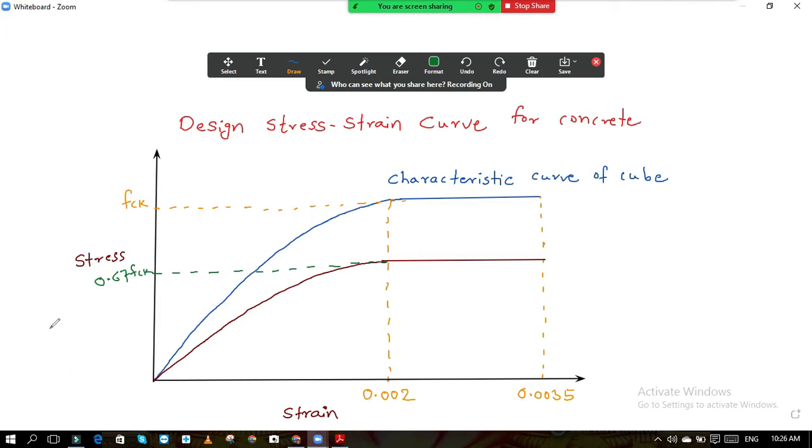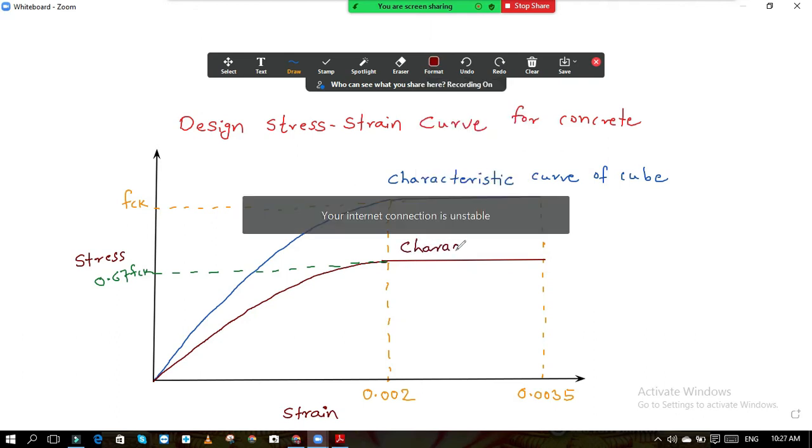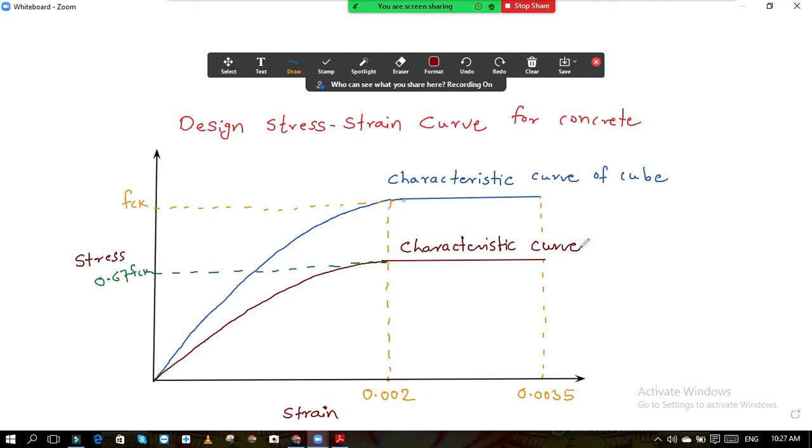This is 0.67 fck, and this is called the characteristic curve of the structure which is actually on the site. Structure. Okay, so already we have considered the factor of safety here.